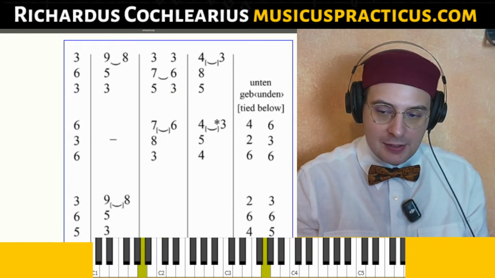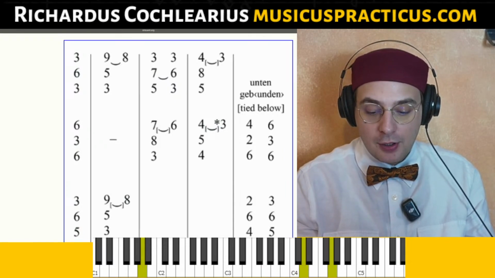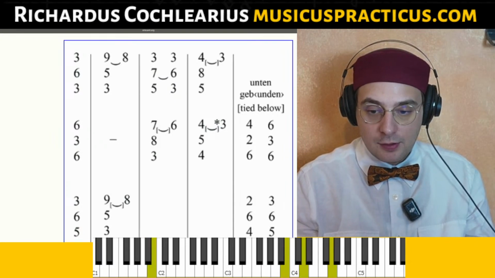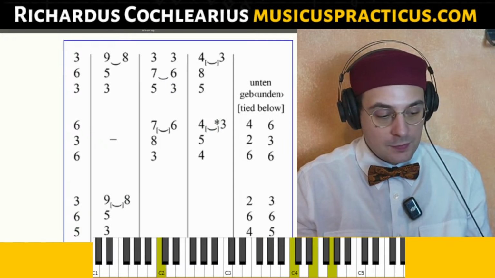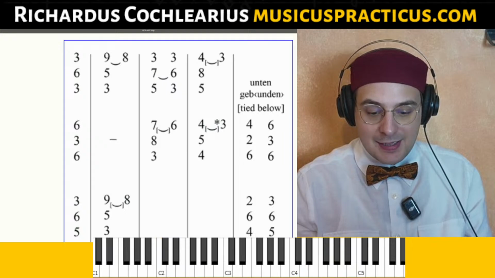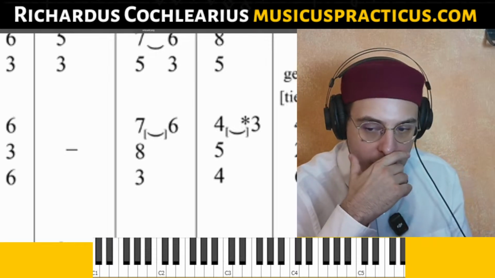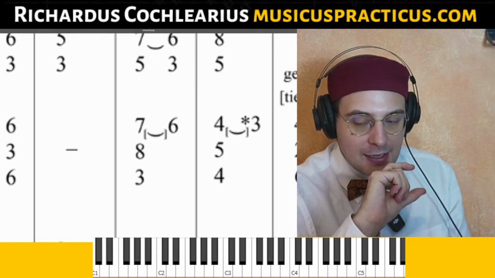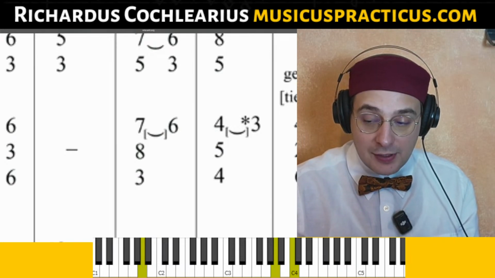Because if we do this, the 7, 6 should be in the alto, or he wants then 3, 8, 7. There's something here which is not so convincing to me. I think it's 8, 3, 7, because 8, 3, 7 makes much more sense.